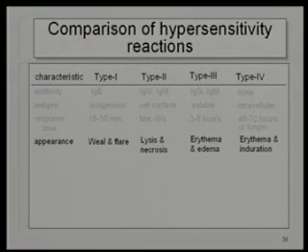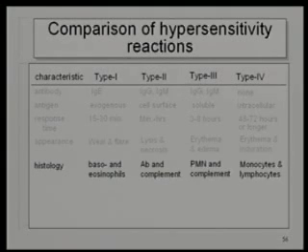Lysis and necrosis is type 2. Erythema and edema, you saw the mechanisms as well as the examples of that, is type 3. Erythema and induration instead of edema is type 4.